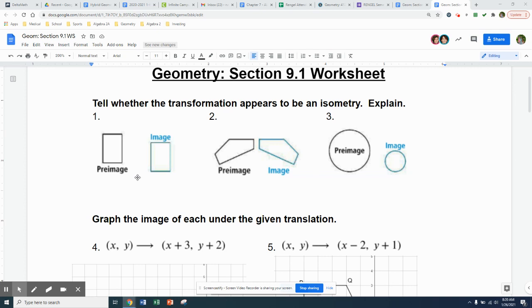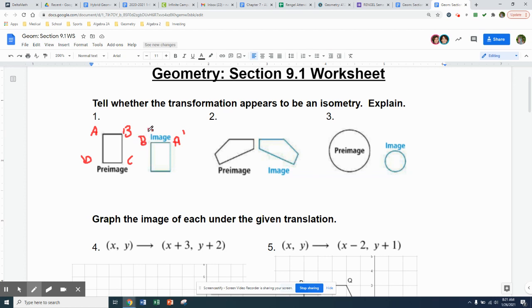A couple of vocab things. A pre-image is the figure before you change it. So if it's labeled pre-image, you'll see the word pre-image. But usually a pre-image is just labeled with plain letters like A, B, C, D. Then the image is going to be labeled with what's called a prime.